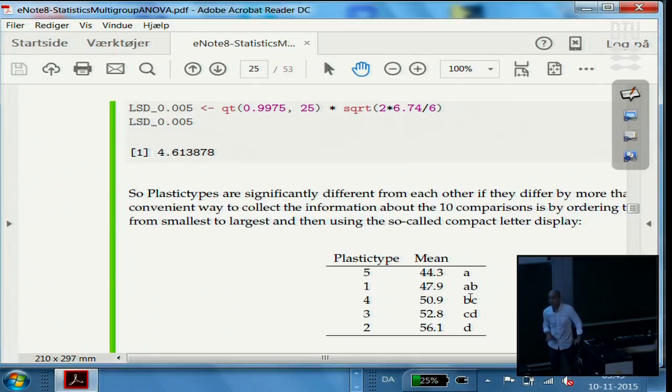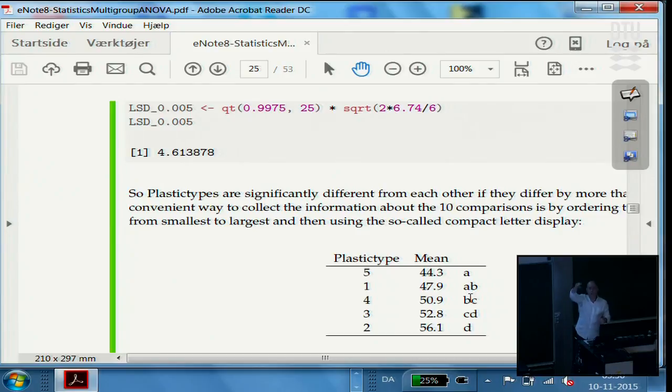They don't share a letter, so yes, they are different. I see that 5 and 4 differ by more than 4.6, and I have coded that observation into the letter display, right? So the letter display is a coding of which ones differ by more than 4.6. Of course, you could do that yourself, but now it's coded into the letters, so when you get used to looking at the letters, you don't have to think, you can just look at the letters.